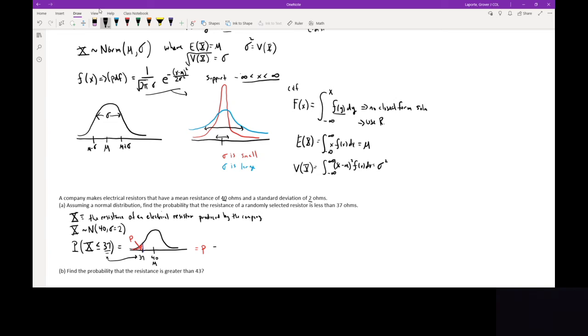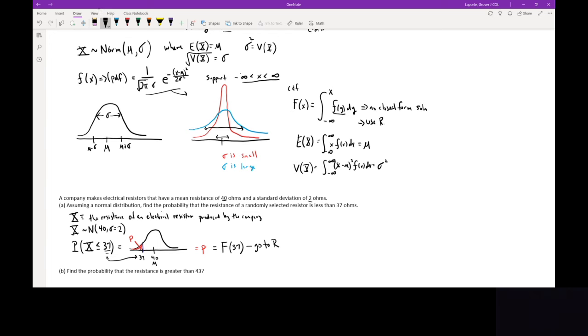This would also be equal to, if I had the CDF, all I had to do is put in my X value of 37. We can do this fairly quickly in R, so let's go to R and find this probability.